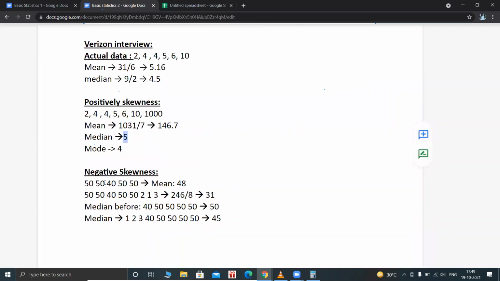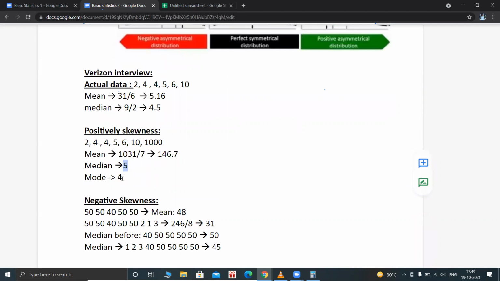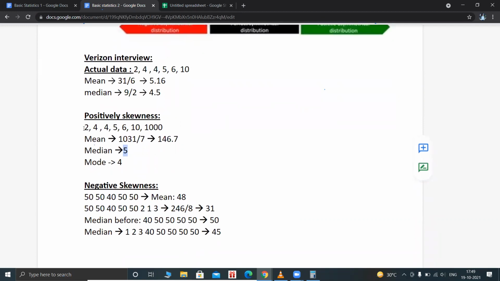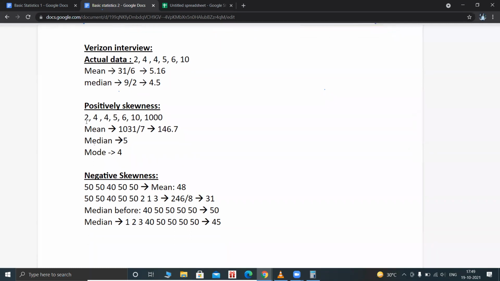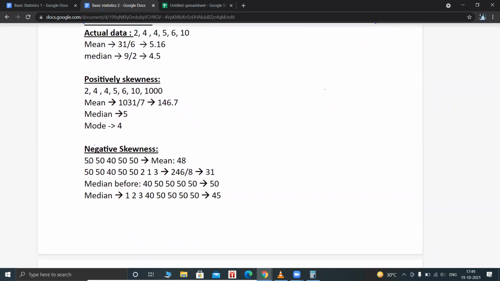When it comes to negative skew, let me take another example. Here I have already taken 2, 4, 4, so there is no value less than 2. If I add 1 as the lower value, in this case the mean will be 48.